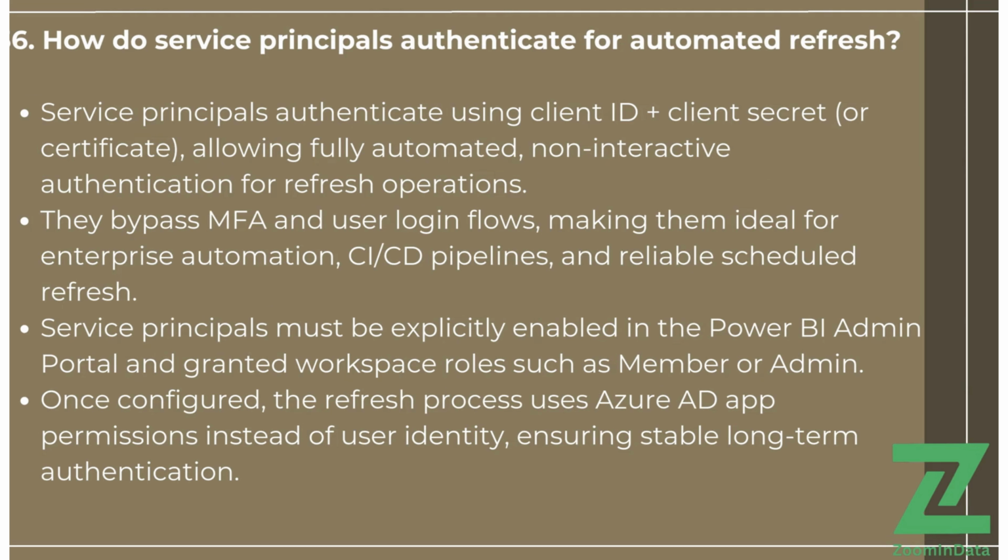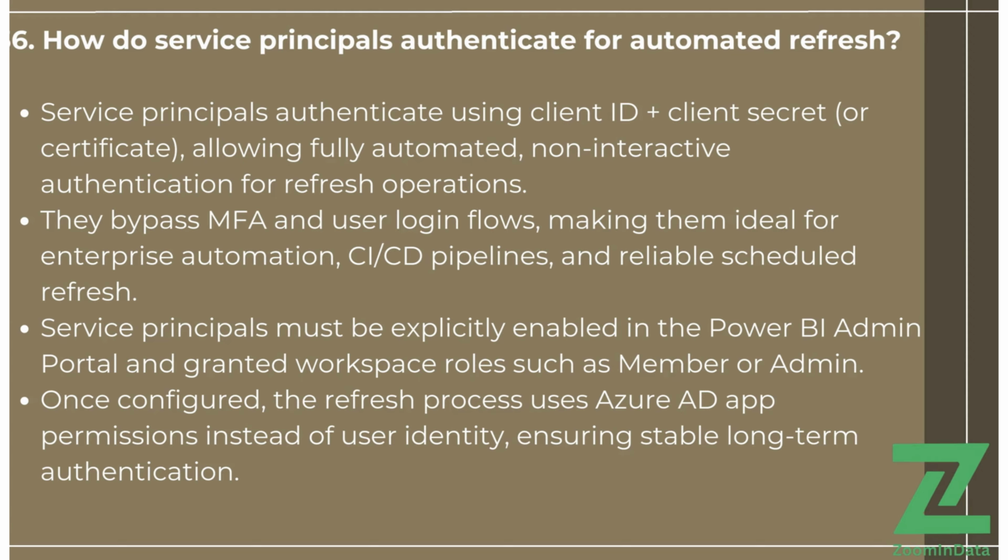36th question. How do service principals authenticate for automated refresh? Service principals authenticate using client ID plus client secret, or certificate, allowing fully automated, non-interactive authentication for refresh operations. They bypass MFA and user login flows, making them ideal for enterprise automation, CI/CD pipelines, and reliable scheduled refresh.